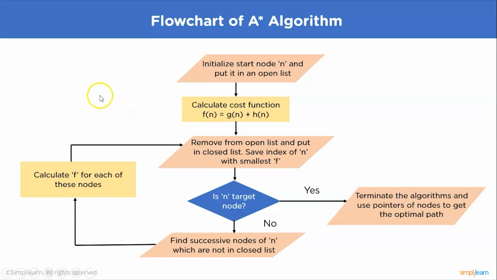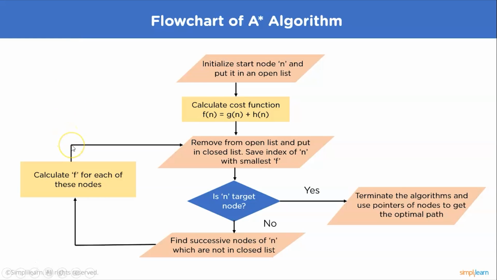So basically what we're doing is we're going to a certain node, calculating the cost function for that node, looking at all the successive neighboring nodes of it, and going to the neighbor which has the least cost function. Now this process will again get repeated. So from this neighboring node, we're going to find all the other nodes which are connected to it. And then we are going to go to the node which has the least cost function.